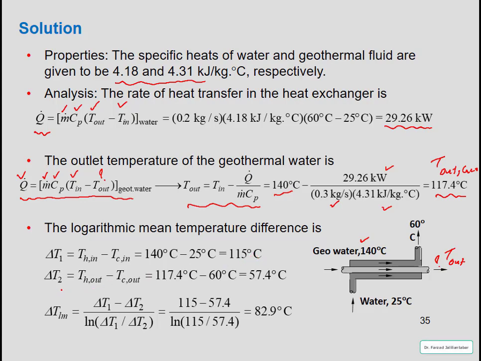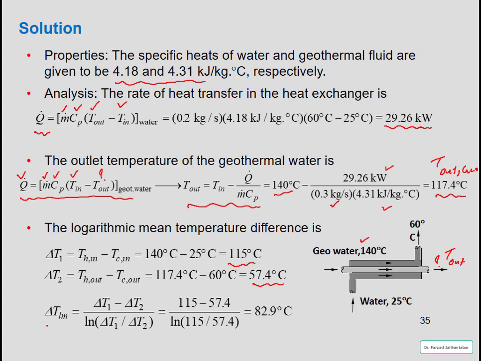Delta T2 was TH out minus TC out. So TH out we have calculated as 117.4 degrees Celsius minus TC out, which is 60 degrees Celsius. Then delta T2 will be 57.4 degrees Celsius.